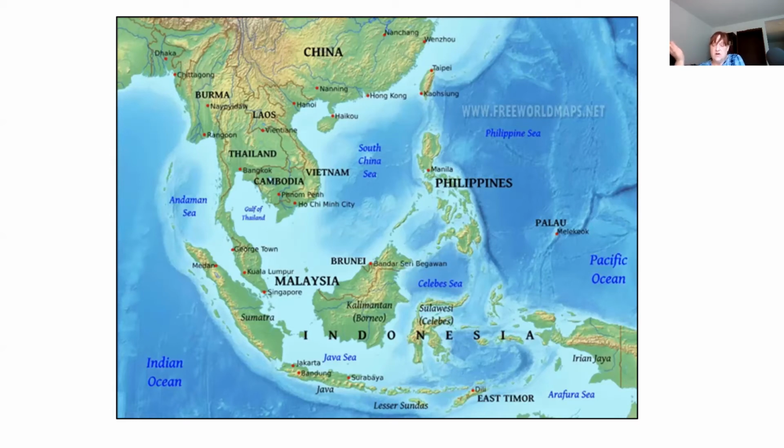The other ones are the Red River, which is in Vietnam, and then the Mekong, which goes through Cambodia and Laos and Vietnam, and then the Chao Phraya in Thailand. All of these river valleys are very important. Many people along these rivers fish for food, so that's the source of their daily protein.